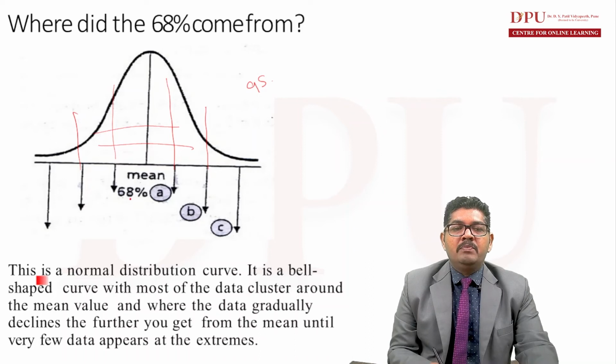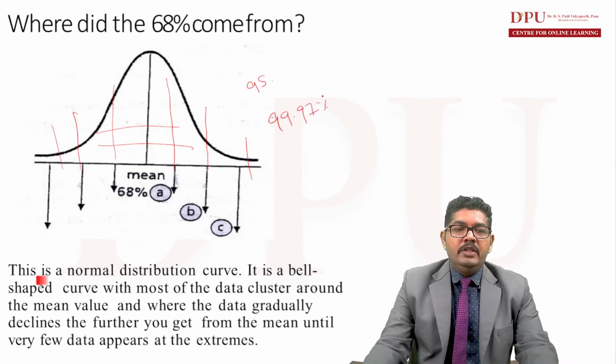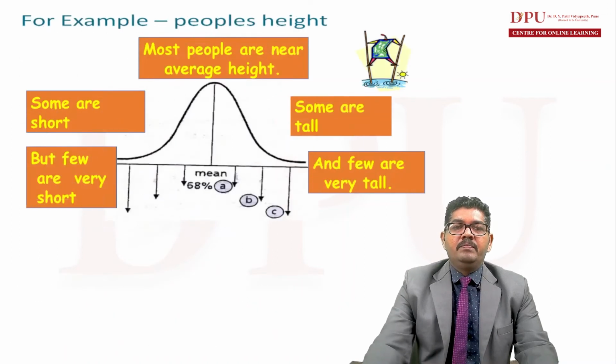And when we take x bar plus minus 3 sigma, this will accommodate 99.97% of the data. So this is a normal distribution curve. It is a bell-shaped curve with most of the data clustered around the mean value, where the data gradually declines the further you get from the mean until very few data appear at the extremes.